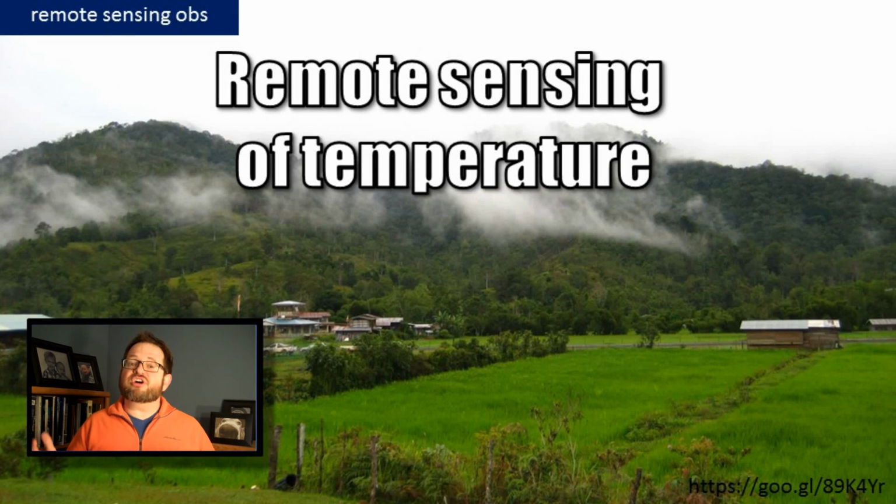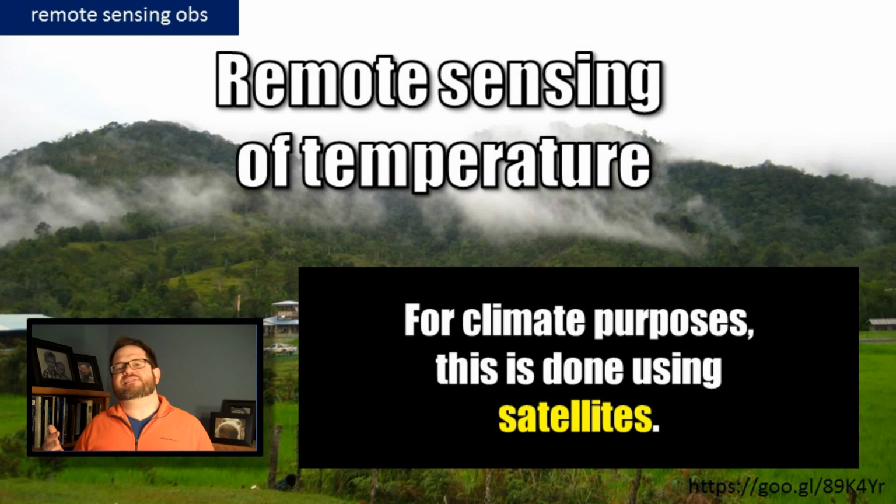Alright, let's talk about our other observing strategy. So far we've talked so much about the in situ techniques for measuring temperature, but let's talk about remote sensing of temperature. Now remember, remote sensing is when the instrument that is doing the measuring isn't actually touching what it's measuring. And again, for climate purposes, this is principally done in terms of satellites.